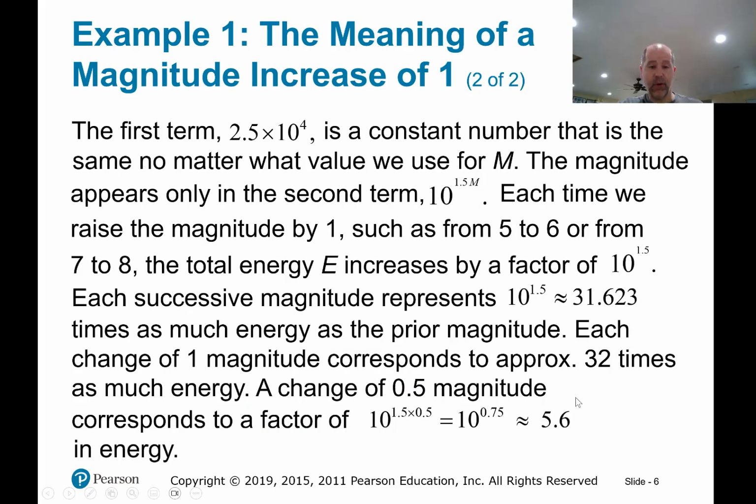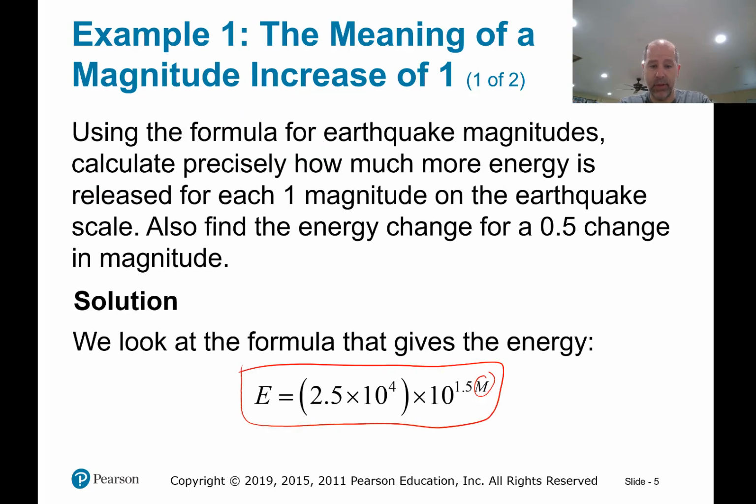So the first term, 2.5 times 10 to the 4th, is a constant number. So that is the same no matter what value of the magnitude we use. This part here doesn't change.